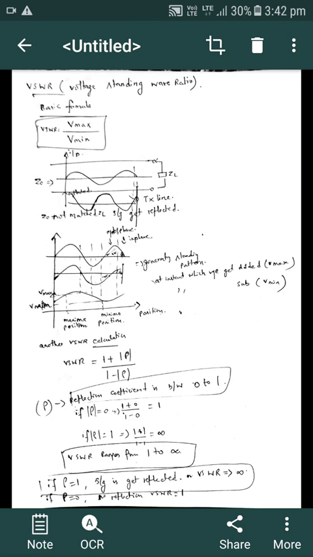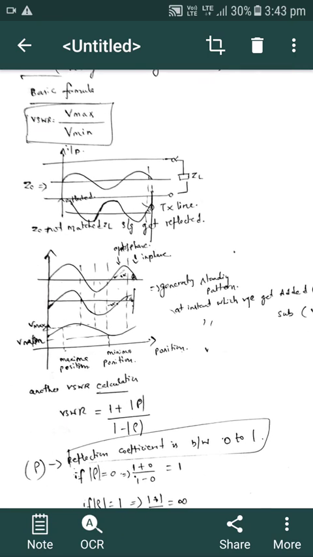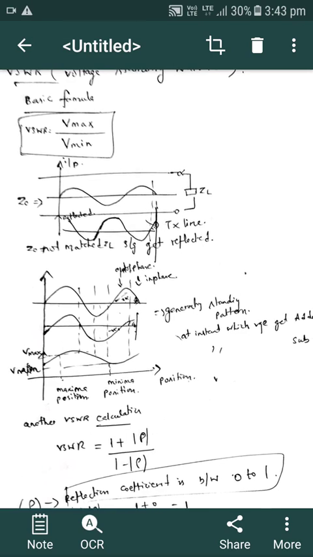In this diagram, if you consider, it is a transmission line, Z0 is the characteristic impedance, and at the other end we have connected a load ZL, the load impedance. If the characteristic impedance Z0 and the load impedance ZL are not matched, then the incident wave which we are sending gets reflected due to the mismatch in impedance.